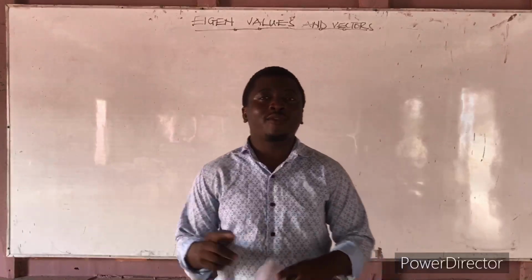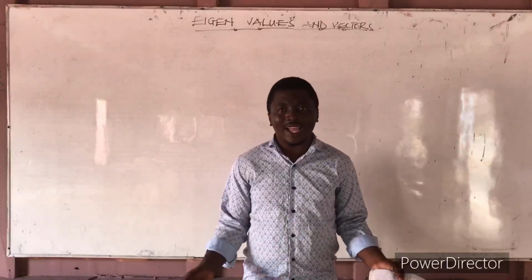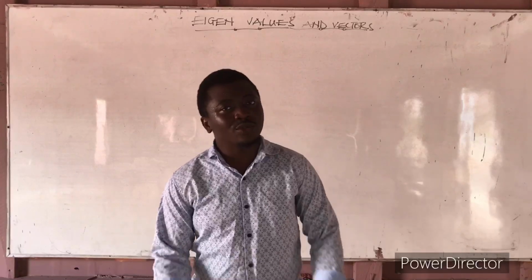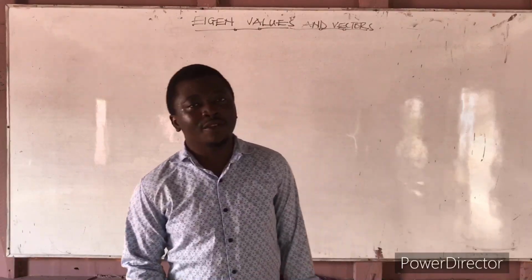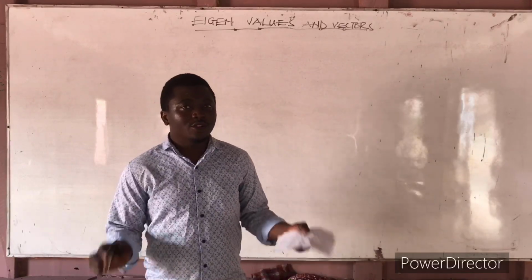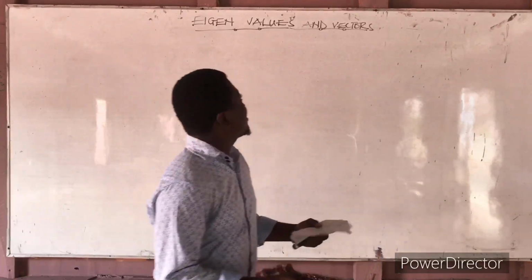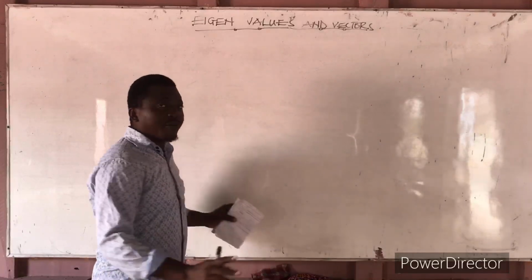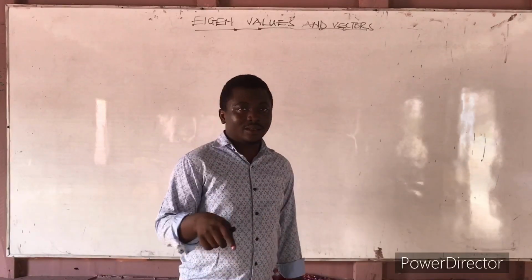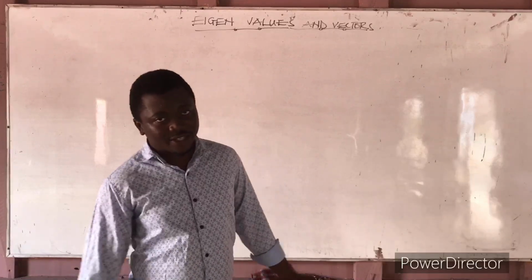And when you are given a 4 by 4 matrix, you can find the eigenvalue. If it is not a square matrix, it is not possible to find eigenvalues, and the same goes for eigenvectors. So first, before you solve the question, make sure it is an n by n matrix.